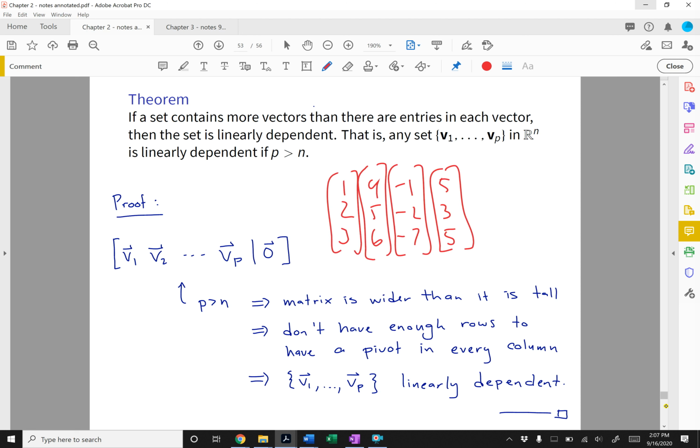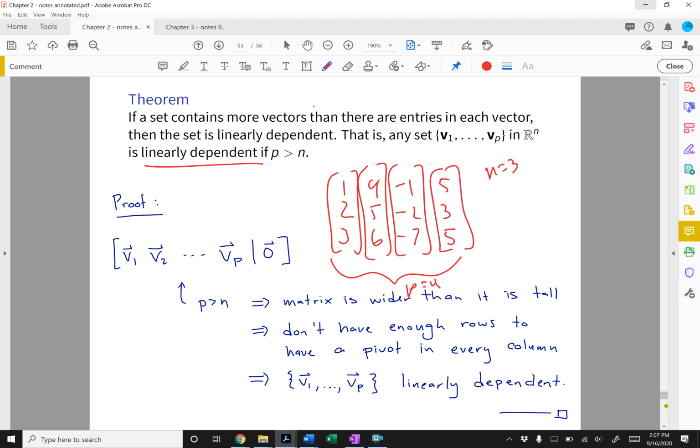So in this case my n is 3, that's the dimension that we're working in, but p is 4, the number of vectors that I have. At least one of those has to be a combination of the other ones. So we know automatically that this is a linearly dependent set.